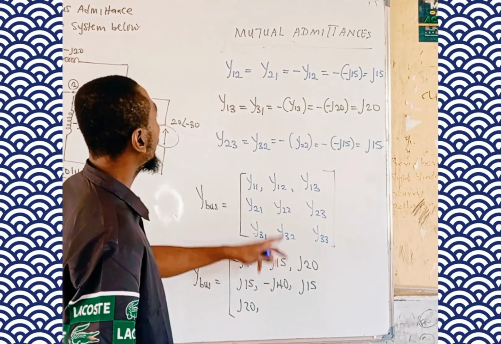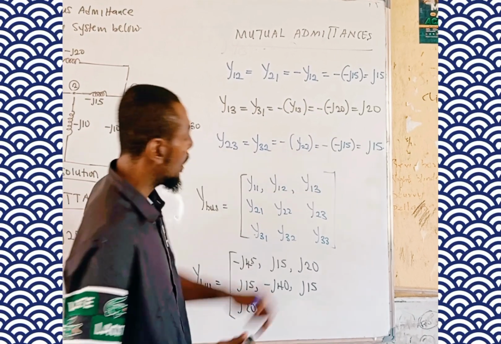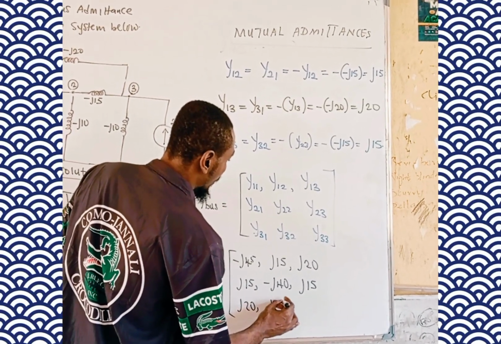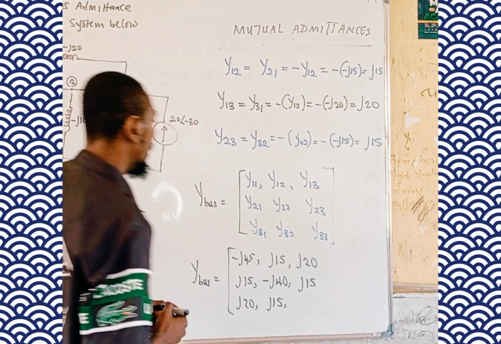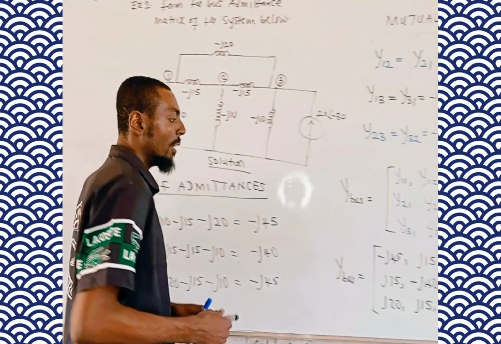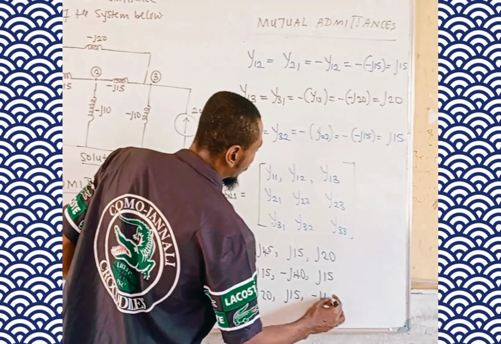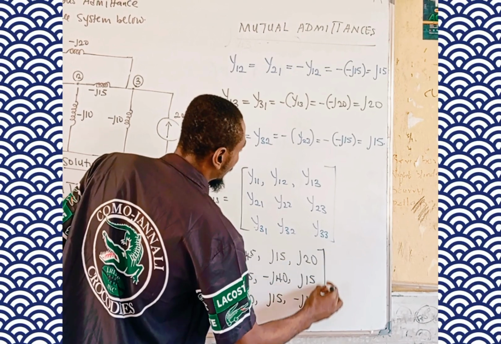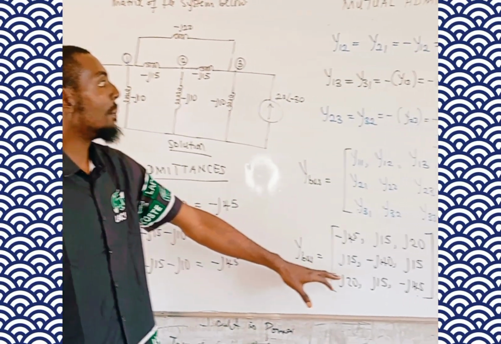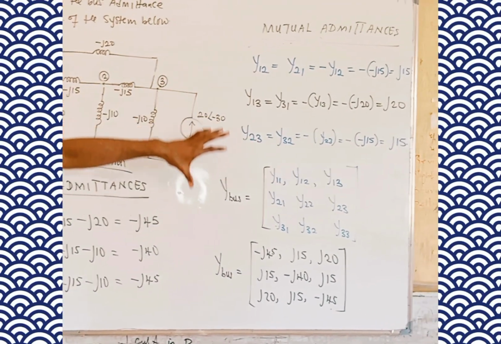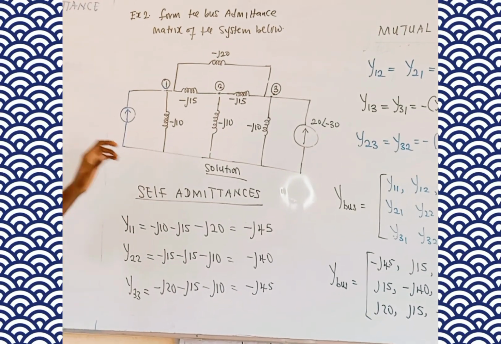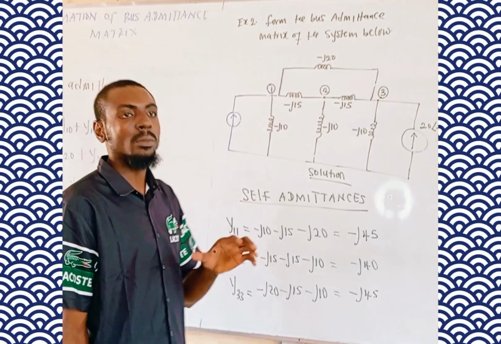Then Y32 is still the same as Y23, that is J15. Finally, Y33 is minus J45. So this is the bus admittance matrix of this particular network. Thank you. Stay tuned.